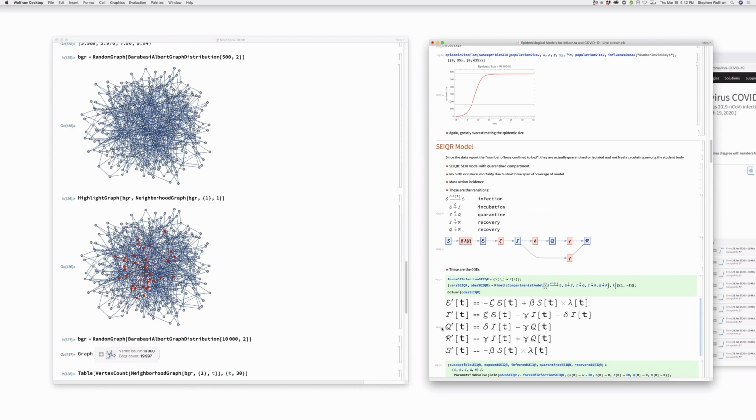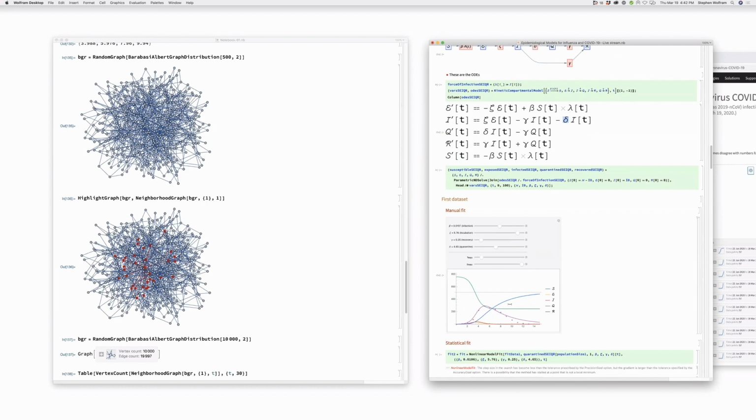What's Q prime? Q is the number of quarantined people, and at some rate, the rate delta, the infected people become quarantined, reducing the number of infected people able to infect others. I see. So that's reducing I, and that reduces the overall infectiousness of the system.